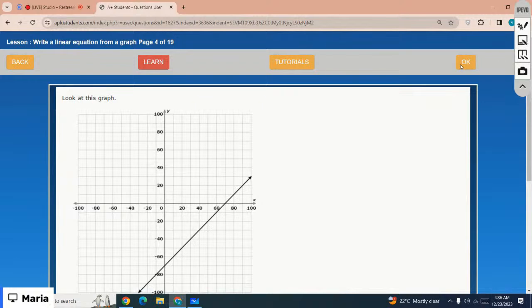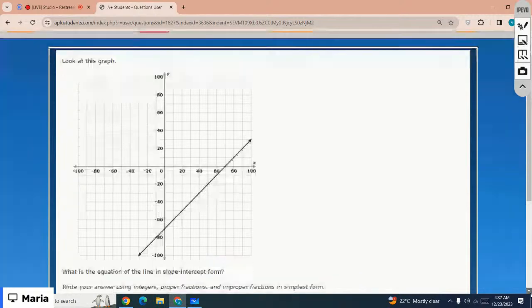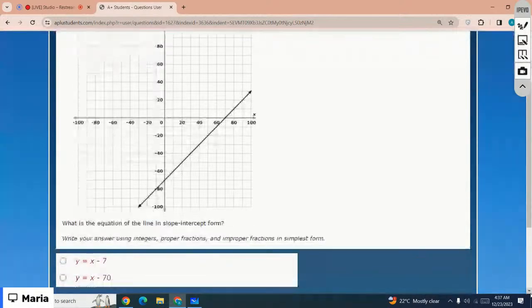Look at this graph. Look at this graph. So which is the correct option?